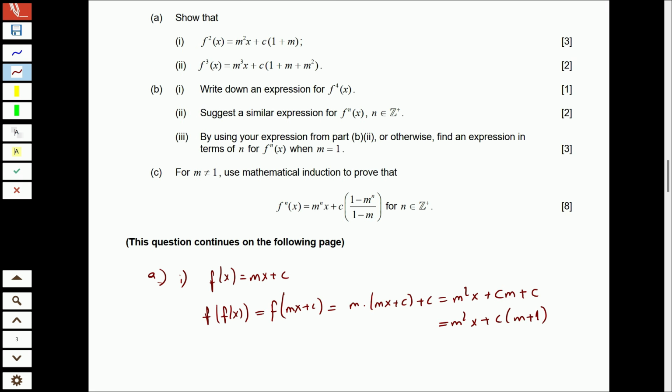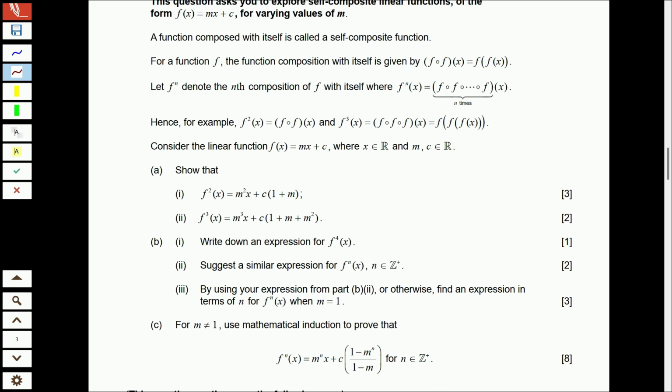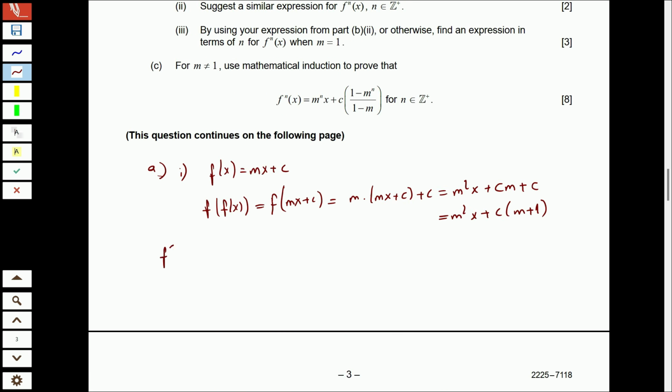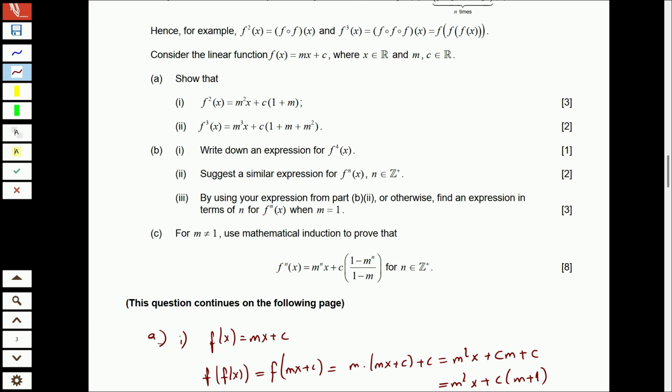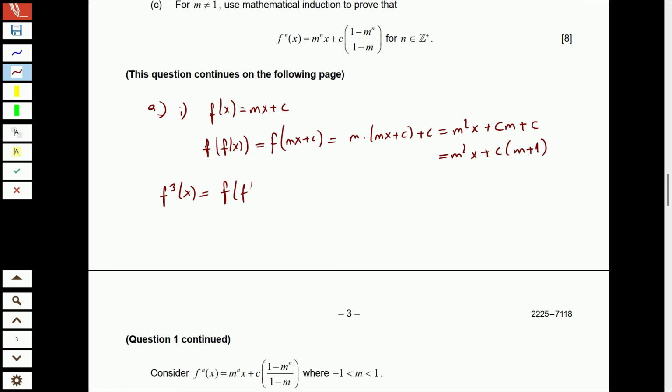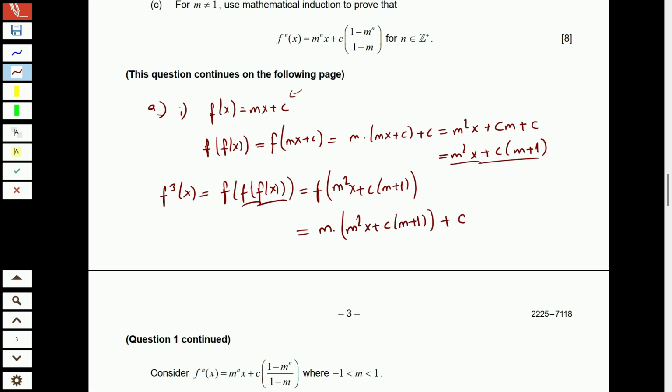The second question is about the third composition of f. The third composition of f can be written as f∘f∘f(x), but I just found the second composition, so I can substitute the expression m²x + c(m + 1) in this expression. Replace x with m²x + c(m + 1) again, then add c.